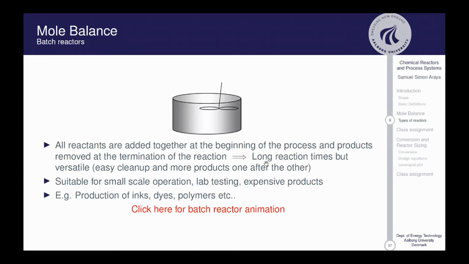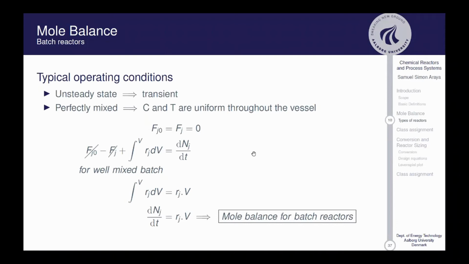That's our batch reactors. So based on these characteristics, how can we apply the mole balance to this specific reactor? You can see that we said it's unsteady, which means it's transient. So we will have some accumulation because things will change in time, and the accumulation is the only factor that depends on time, so that will change.